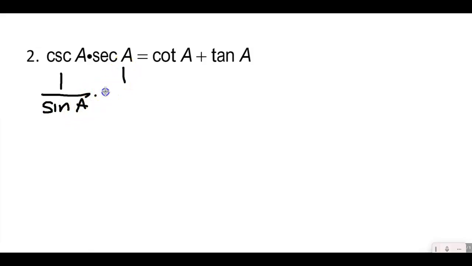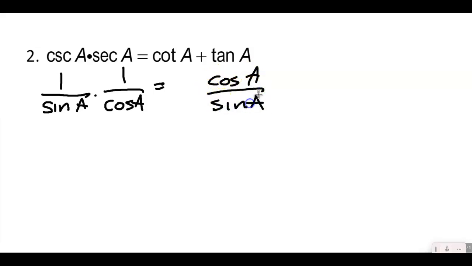We got secant, 1 over cosine. Cotangent, cosine over sine. And we got tangent, which is sine over cosine.